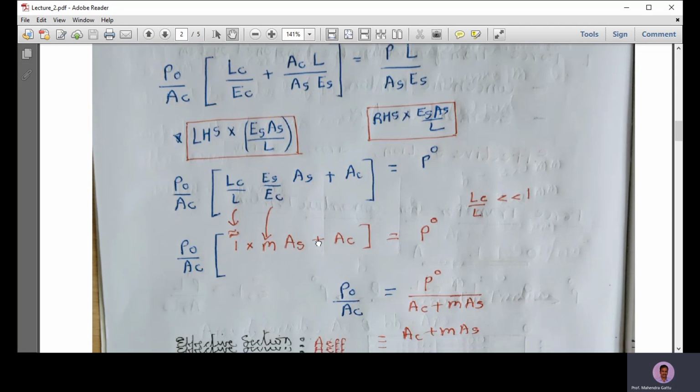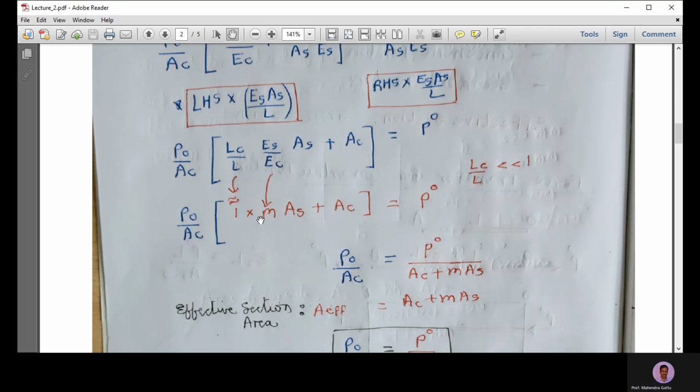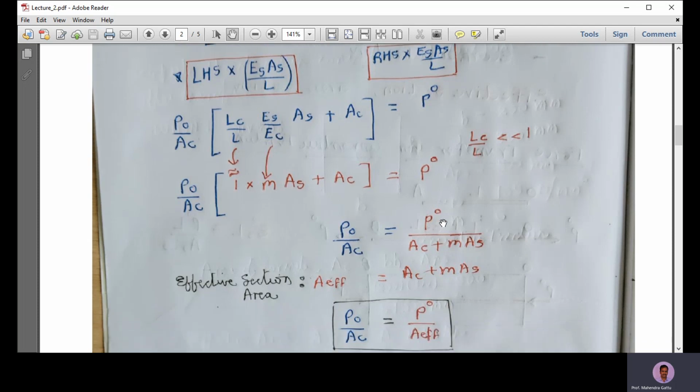So we get this relation: P naught by AC into MAS plus AC is equal to P naught. So we can send this term to the right hand side. We get P naught by AC is equal to P superscript O by AC plus MAS.